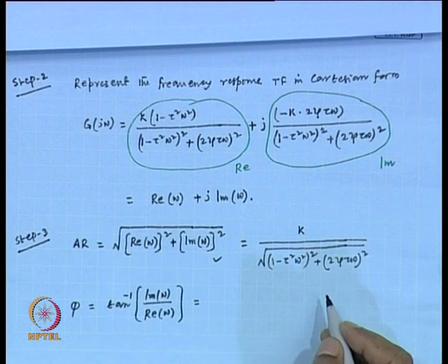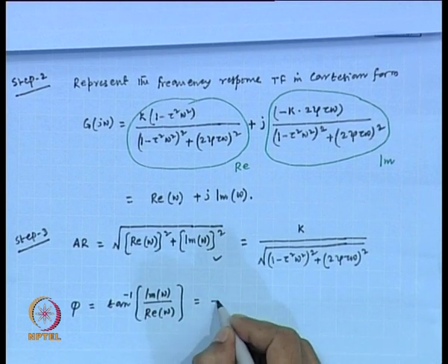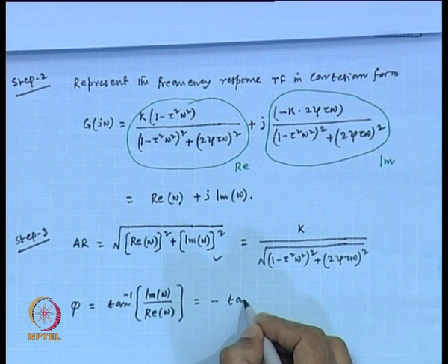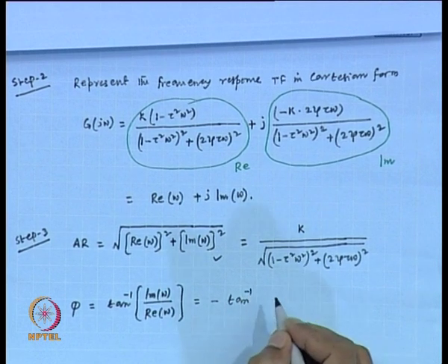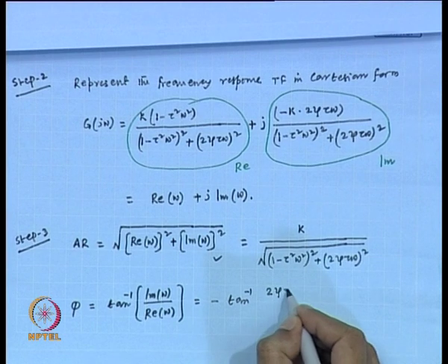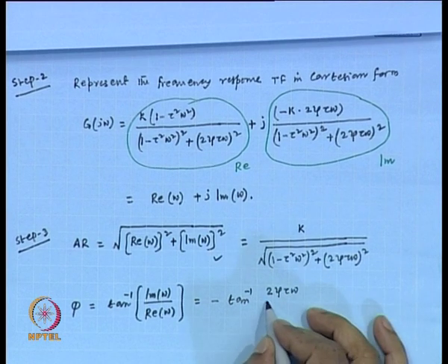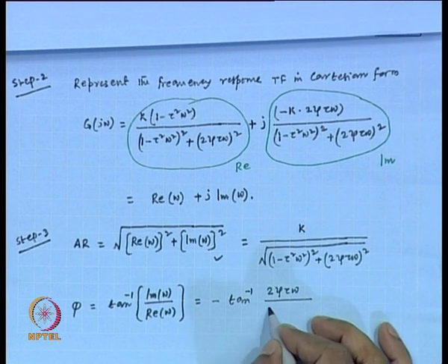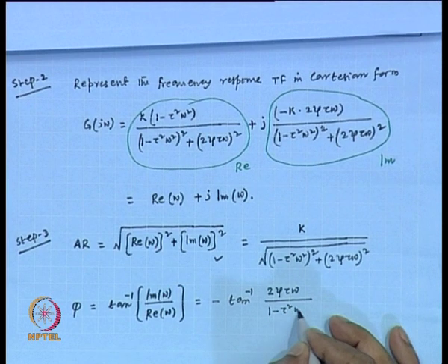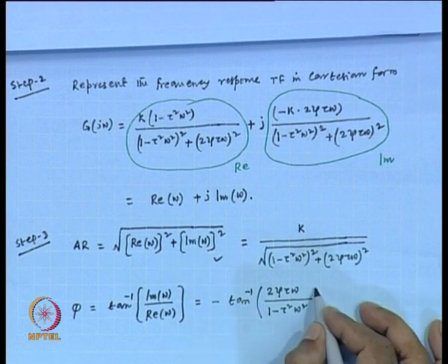Accordingly, we obtain minus tan inverse 2 zeta tau omega divided by 1 minus tau square omega square.